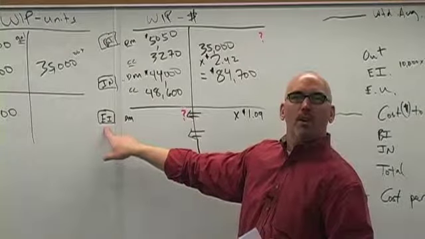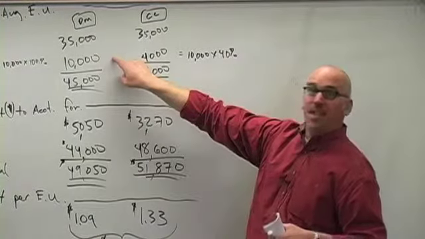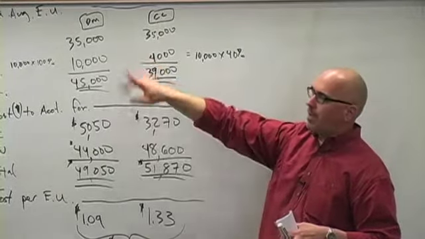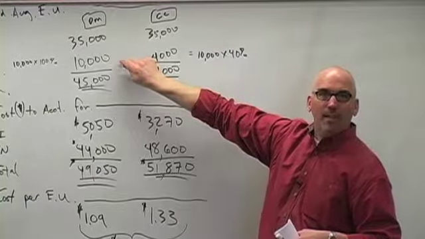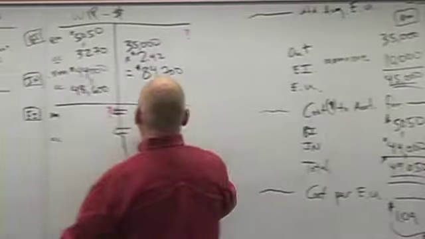Ending inventory. 10,000. Close. But I want to make sure you all know that we're picking out this 10,000. This is the 10,000 we're using. We're not using the 10,000 out of that T account. We're using this 10,000. We're using equivalent units. So this 10,000 times $1.09.